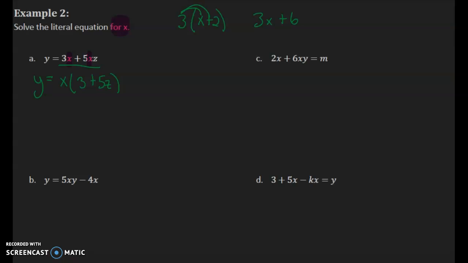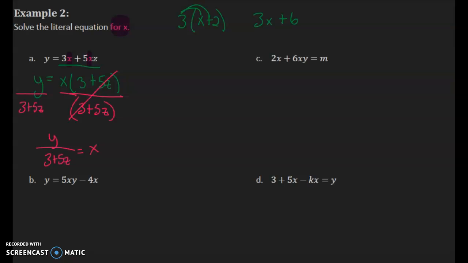X is multiplying by all of this stuff in parentheses, 3 plus 5z. So we can divide by all of that in one big chunk. So let's divide by 3 plus 5z. But remember, what we do on one side, we have to do on the other. So we get y divided by 3 plus 5z equals x, and that is our answer.